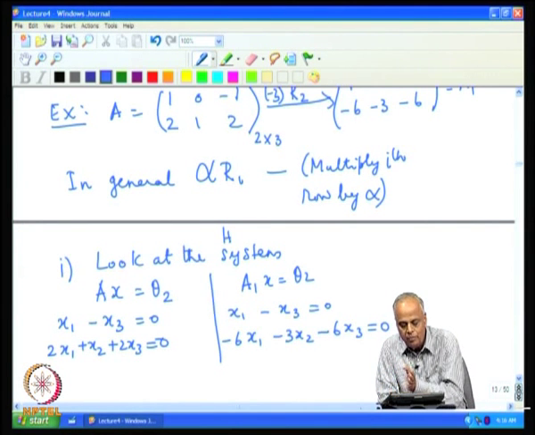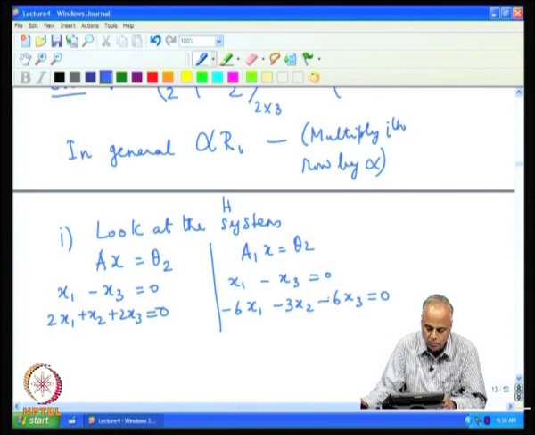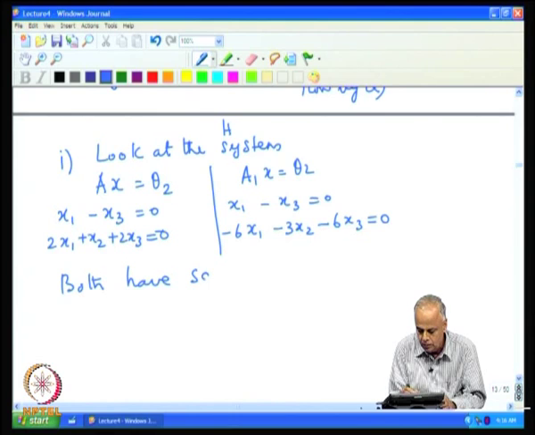Similarly, if anybody satisfies the second equation on the right side, it will also satisfy the second equation on the first side, because it is only division by minus 3. That is why we wanted to assume alpha not equal to 0, because we want to divide by alpha. So, both have the same set of solutions.